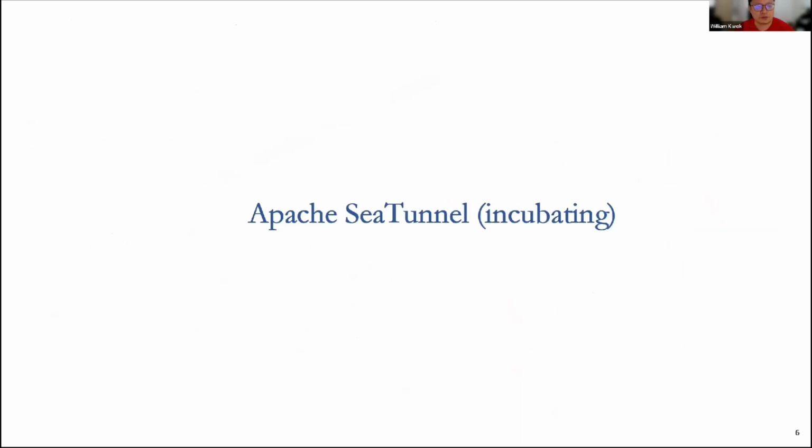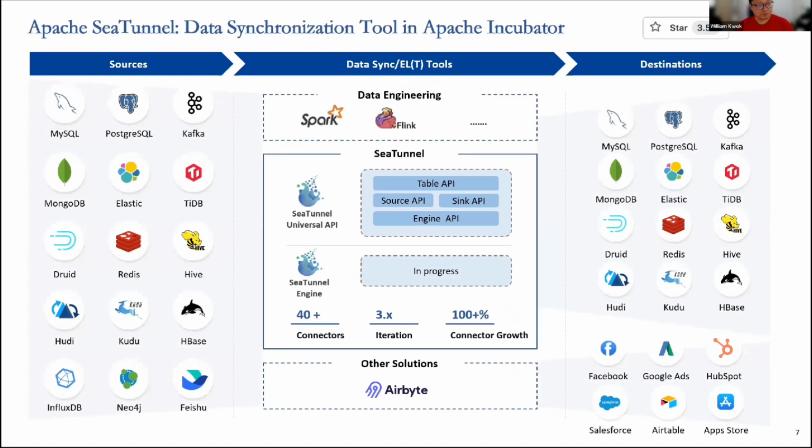So first, I'd like to introduce Apache SeaTunnel. Actually, Apache SeaTunnel is a project that does data synchronization, synchronizing the data from your source to your destinations. It offers various connectors.